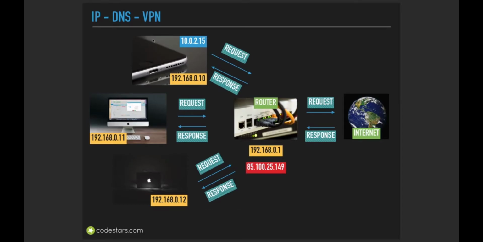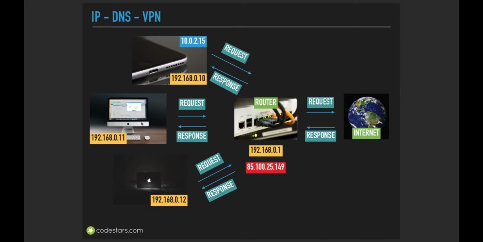So this device has some local IP like 192.168.0.10, and this IP is assigned to that device by the router. As you can see, every device has its own local IP, and the router has its own local IP like 192.168.0.1.